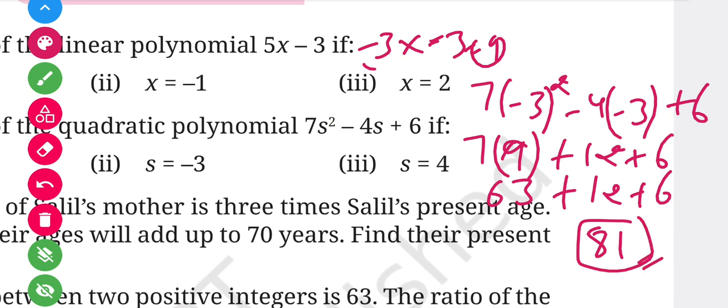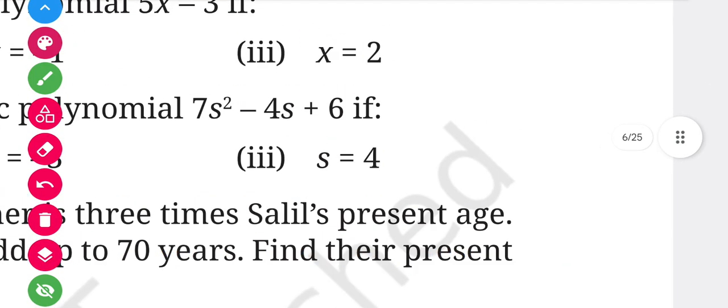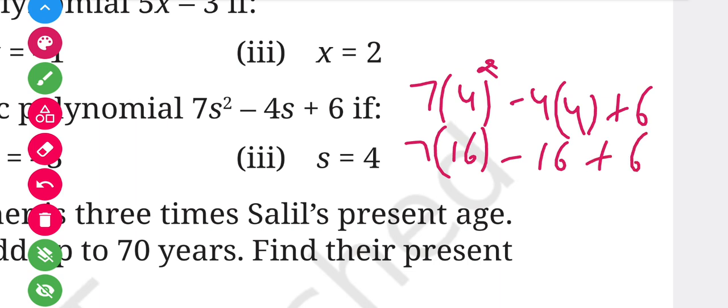Okay, now the next question is s is equal to 4. We have to put the value s is equal to 4 in 7s square minus 4s plus 6. So write down 7 into 4 square, minus 4 into 4, plus 6. Here 4 4s are 16, minus 4 4s are 16, plus 6. 16 7s are 112, minus 16 plus 6.